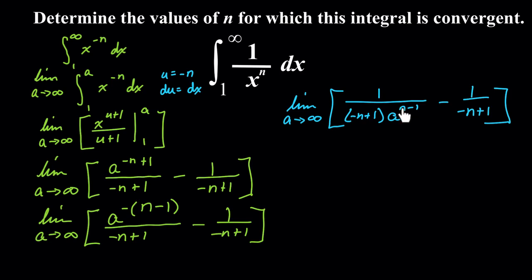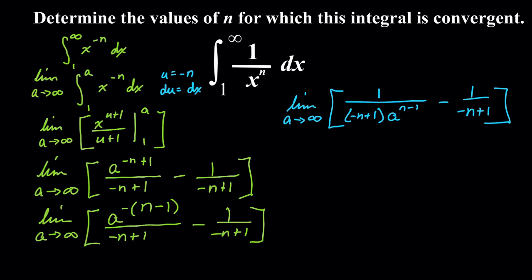Now, we don't know what n is. If A stays in your denominator, then that means that as A approaches infinity, your denominator will approach infinity, which means this fraction will approach 0, and this will end up being a problem that converges to this fraction over here.